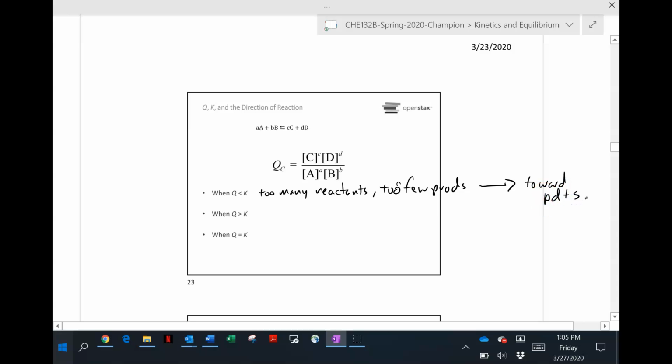When Q is greater than K, then we have too many products, too few reactants, so we shift back towards the reactants. And when Q is equal to K, we're at equilibrium. No shift happens.